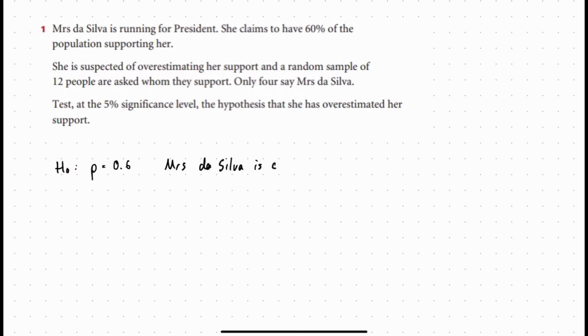is correct in saying her support is 60%.